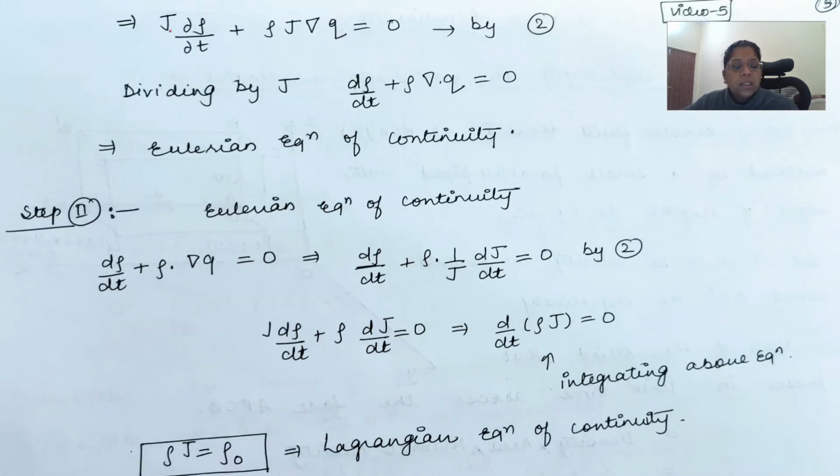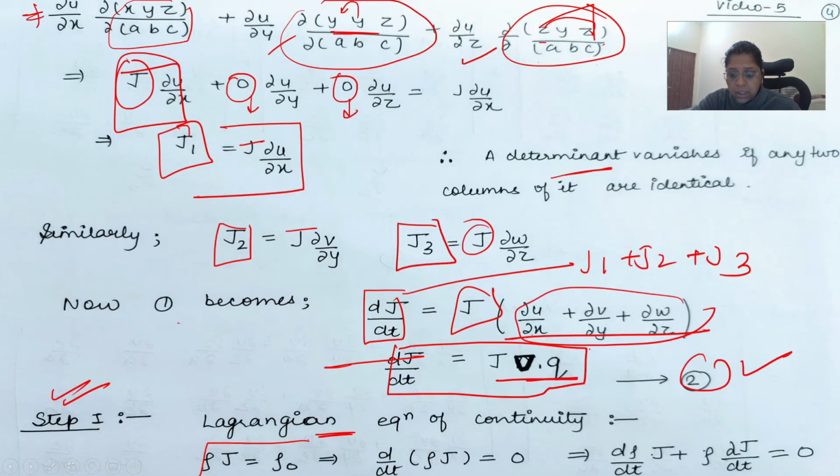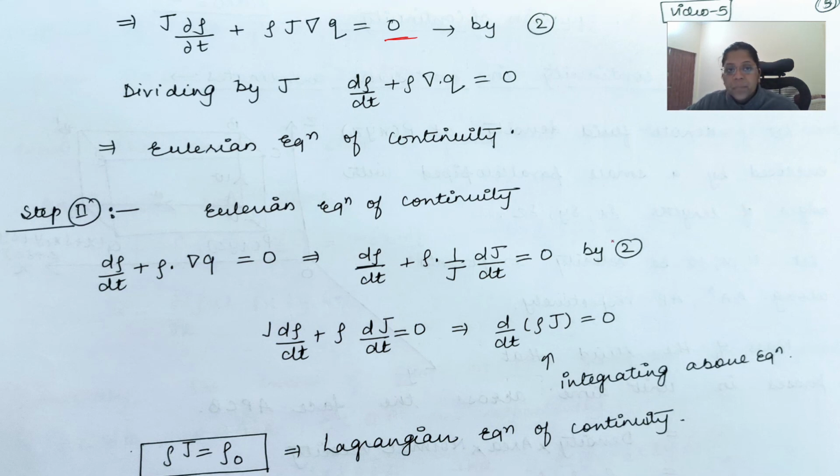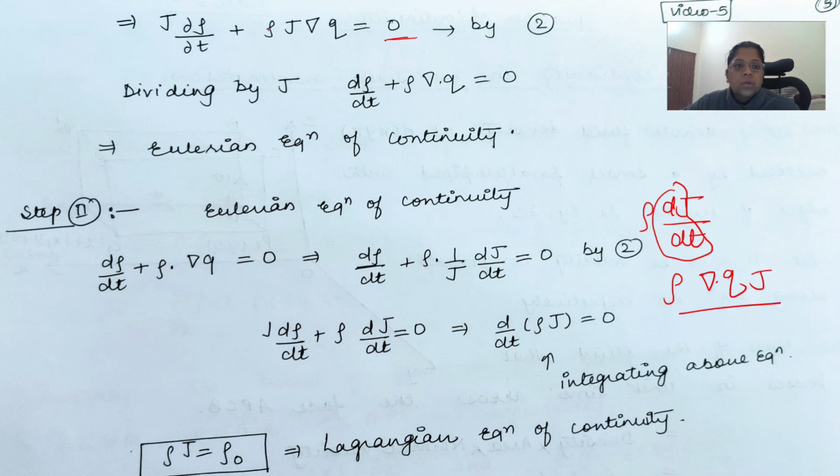And then we can write it like this: J del rho by del t plus rho J del dot q, which is equal to 0. From where we get del dot q? It is from dJ by dt equals J del dot q, from equation 2. Now we take J out: d rho by dt plus rho del dot q, times J, equal to 0.